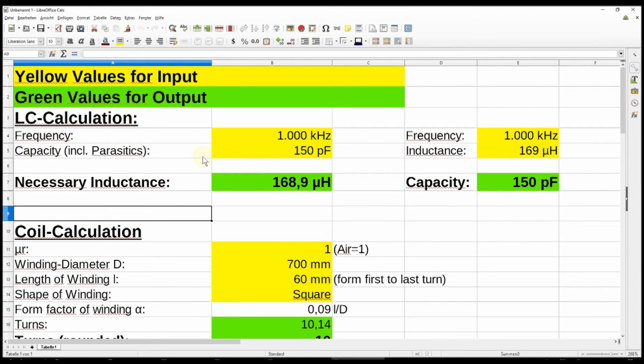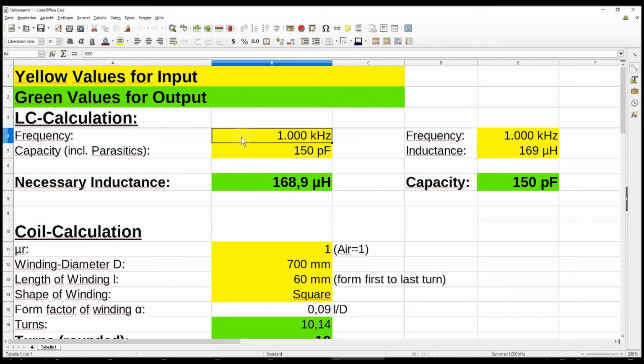So here we are at our Excel calculator for AM magnetic antennas. I will make a separate video with many examples, just how to use it. I will explain only the basics here when I put in the values for our spiderweb or spiral coil. Now we take our standard frequency of 1 megahertz, or in other words 1000 kilohertz.